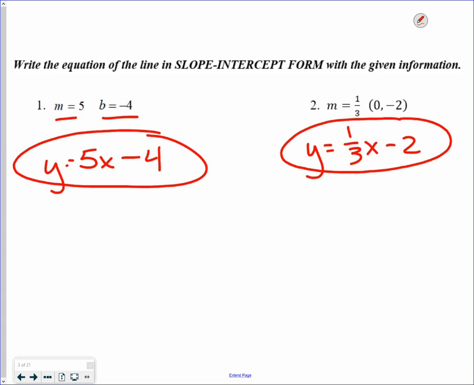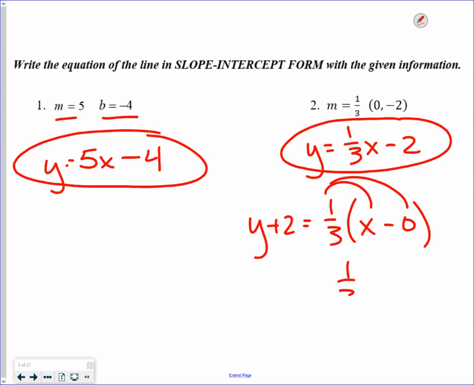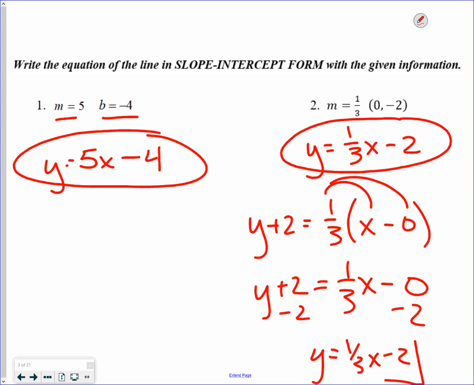Now, some people in my class didn't remember that, so they used the point slope formula, distributed 1/3, and then subtracted 2. Either way, you will get to the same answer. If you didn't realize that it was the y-intercept that you were given, you can still use the point slope formula because you are given a point and you're given a slope.